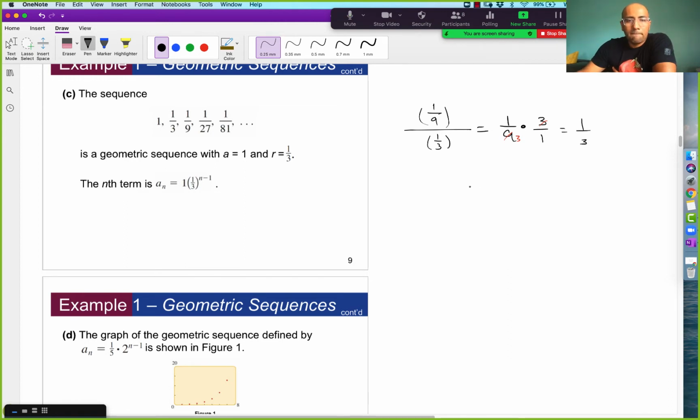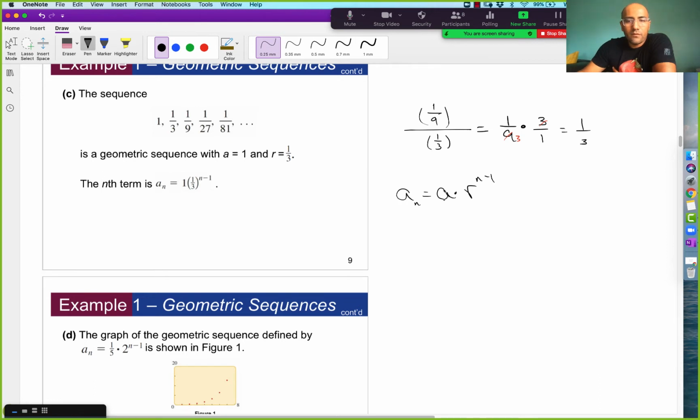Good. So we follow the form to find the value of r. And now we have the initial value on my list was 1, and the common ratio is 1/3, and that's how we get this form once again, using a sub n equals a times r to the n minus 1 power.